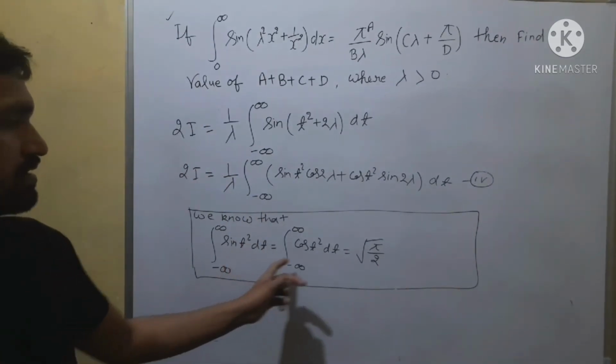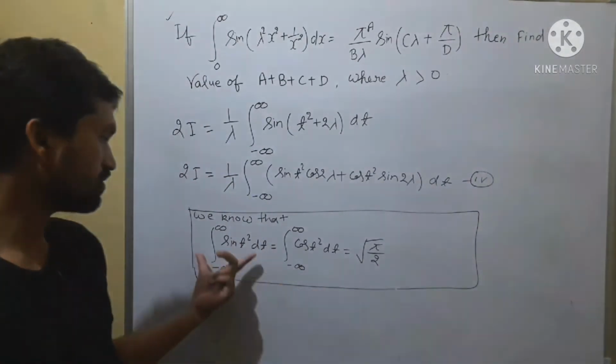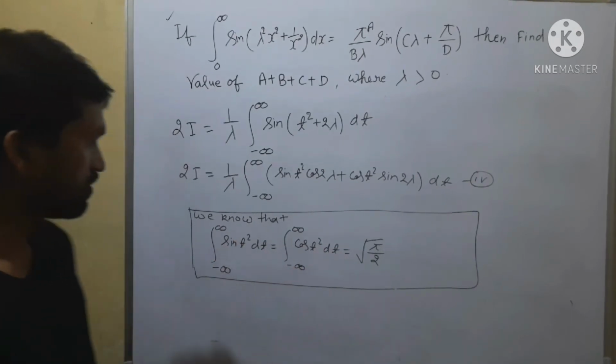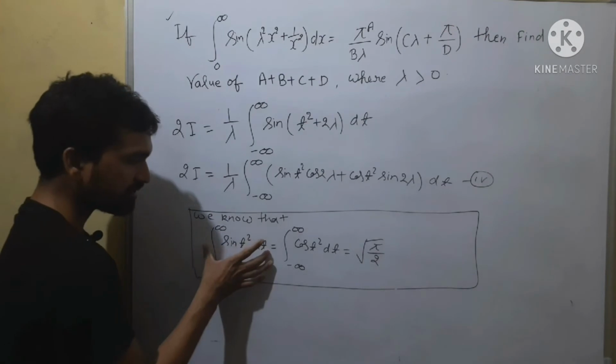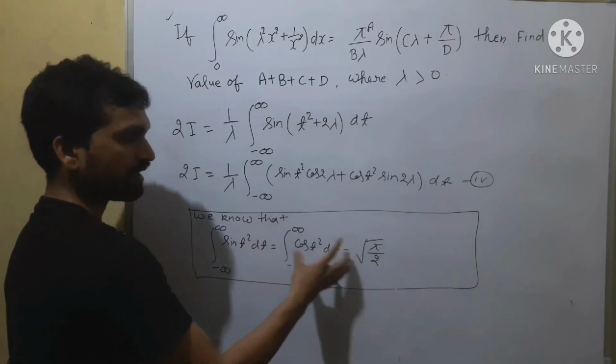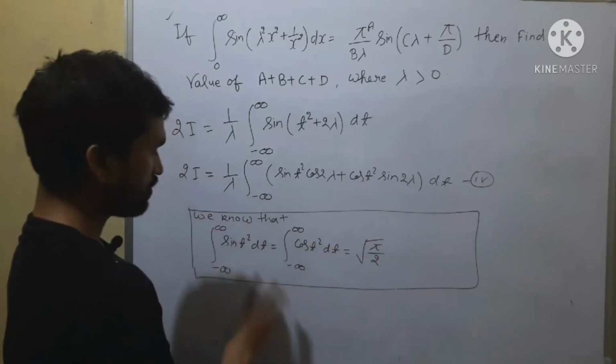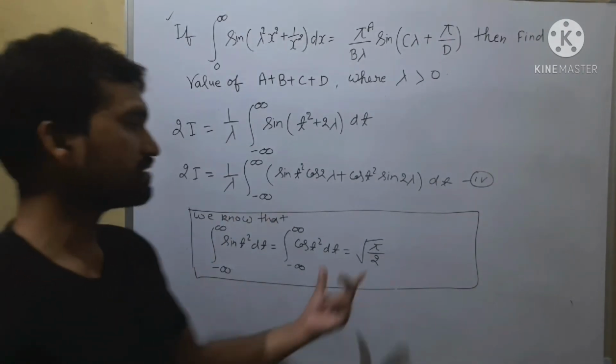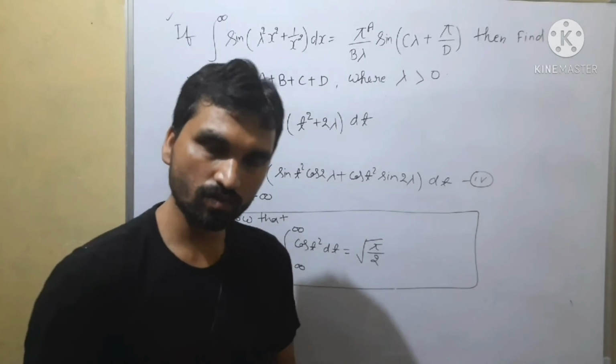Friends, this is a popular result. We should know these results. Now we will put sin of t square dt and cos of t square dt over the limit minus infinity to plus infinity as square root of pi by 2.